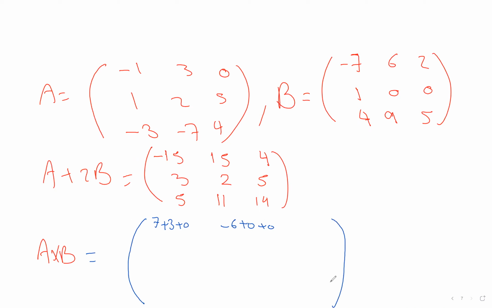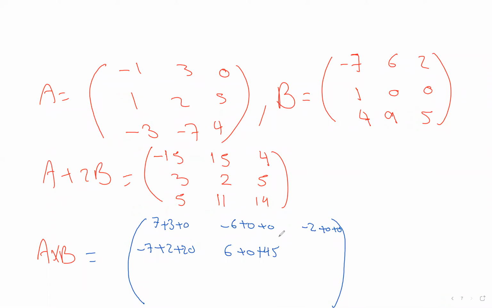The first row by third column: negative 1 times 2 is negative 2 plus 0 plus 0. Second row times first column: negative 7 plus 2 plus 20. Second row by second column will be 6 plus 0 plus 45.